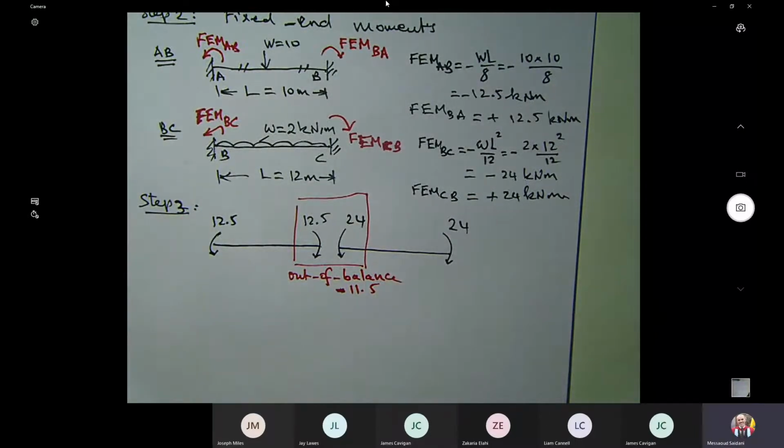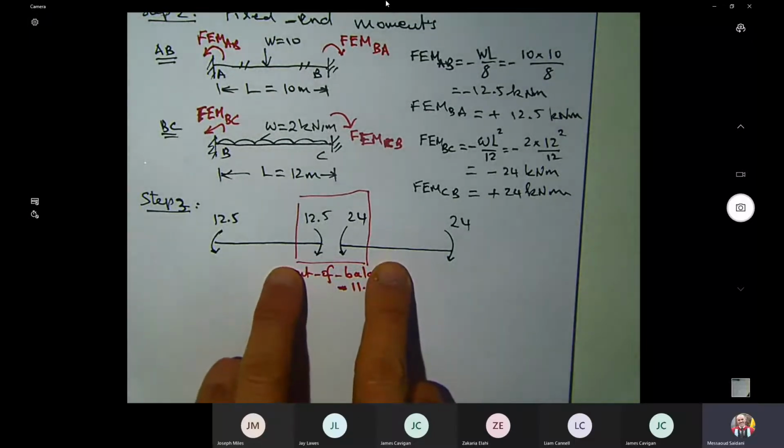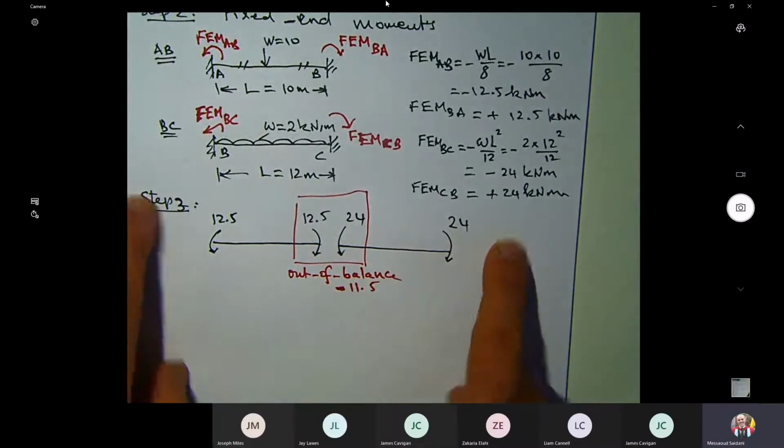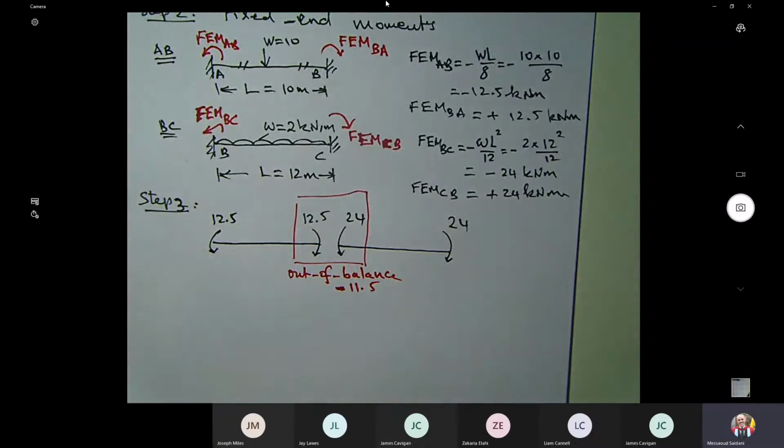And the way we do that is using what we said. Do you remember what we said we used last week? Distribution factors. It's the distribution factors that will help us decide how much each member will take, okay? And then we carry over to the joints at the end.